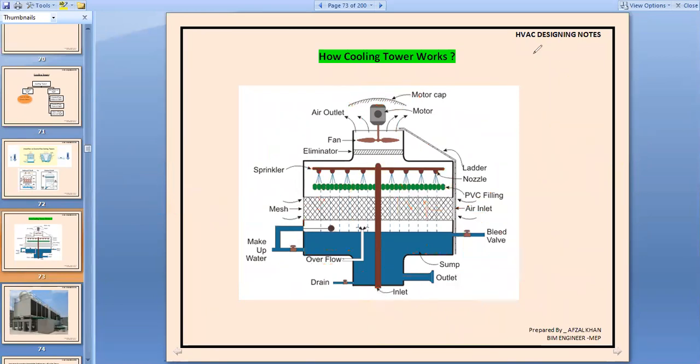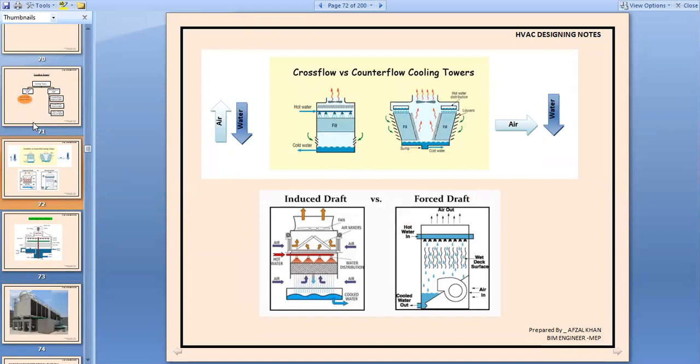Okay, now the next topic I want to discuss with you is the terminology of counter flow and cross flow, and induced draft and forced draft. Now see, this is your cooling tower. Firstly, I'll show you that this is your counter flow and this is your cross flow.